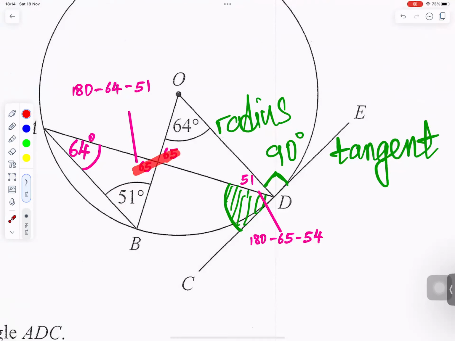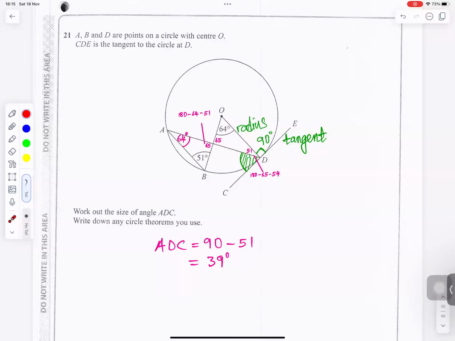And these two angles are vertically opposite, so that will be 65 as well. And then 180 minus 65 minus 54 is equal to 50. So ADC is 90 minus 51. So 90 minus 51, it gives you that angle ADC, which is 39 degrees.